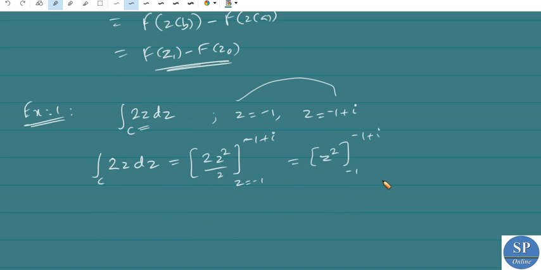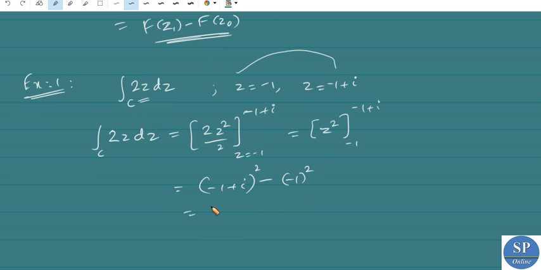So this is nothing but z squared from -1 to -1 plus i. Using the fundamental theorem, this is (-1 plus i) whole squared minus (-1) squared. That is 1 plus i squared minus 2i, minus 1, so i squared minus 2i, which is -1 minus 2i.